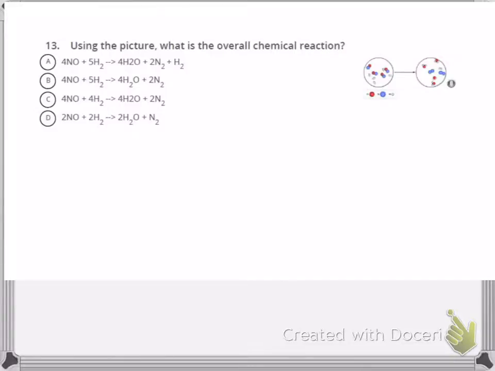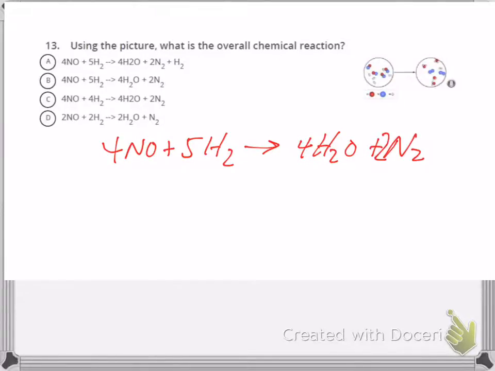All right, so this is looking at the particle, submicroscopic representation of particles, and you should be able to balance reactions and find the limiting reagent. So looking at this, we just do the accounting. There are 4 NO particles plus 5 H2 particles reacting to make 4 water particles plus 2 nitrogen particles, and there's an extra H2 particle.